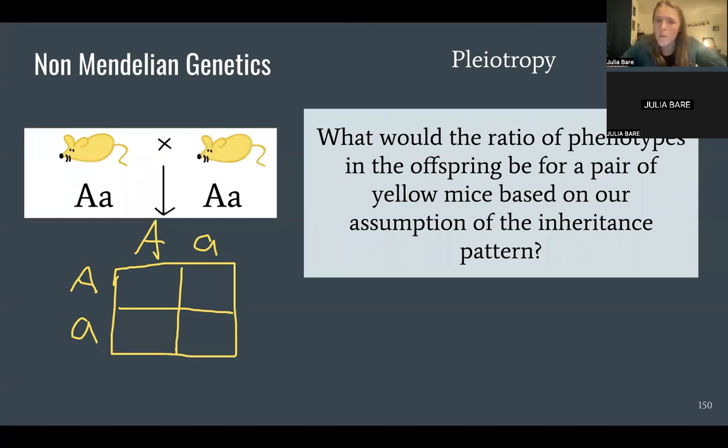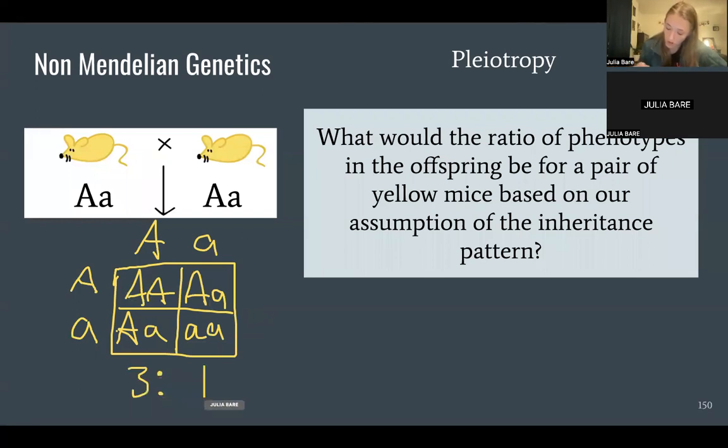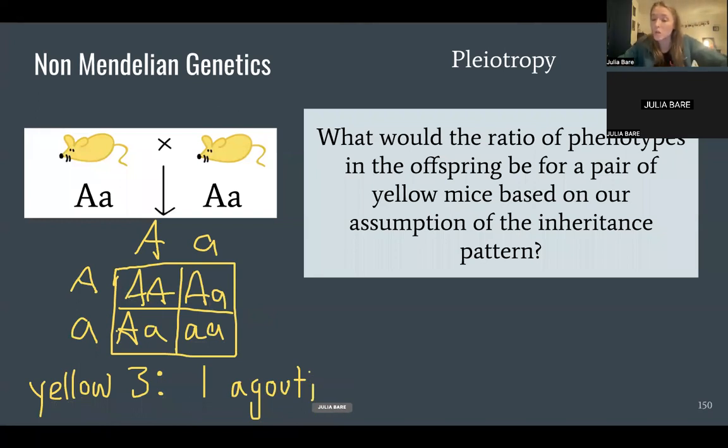What would we expect to see based on regular Mendelian inheritance? Well, we would expect to see a 3-to-1 yellow to agouti ratio, again because we are assuming that the recessive characteristic is the agouti characteristic.